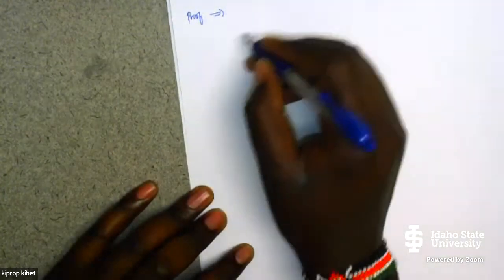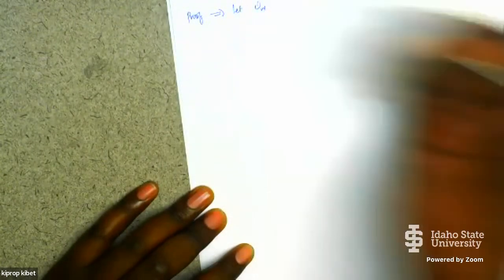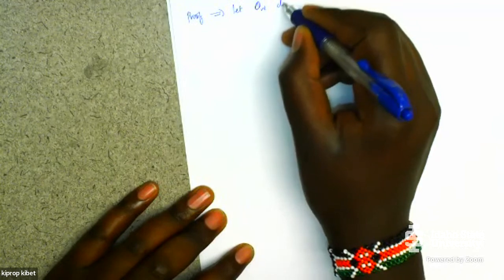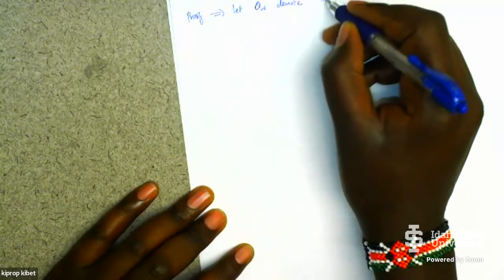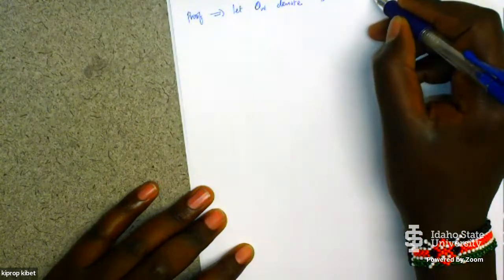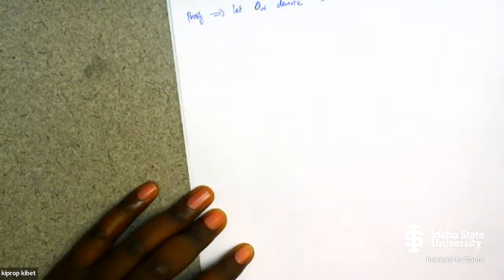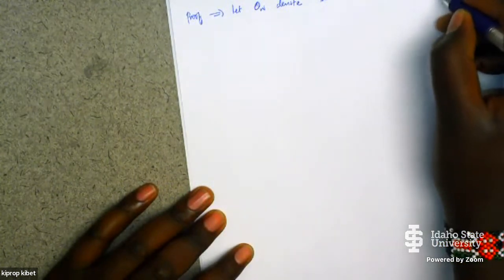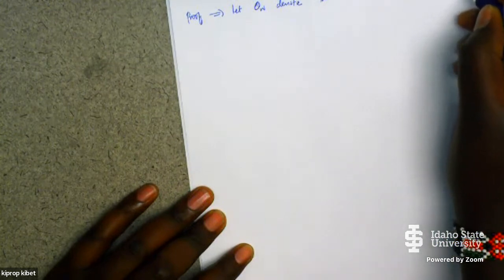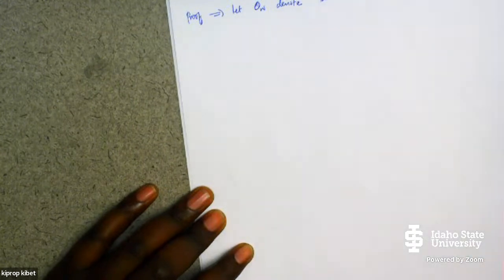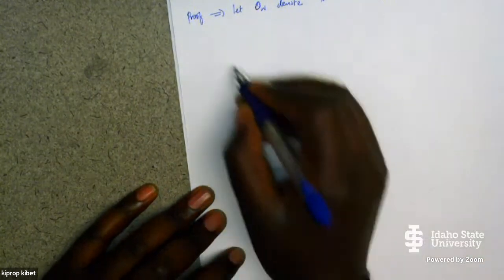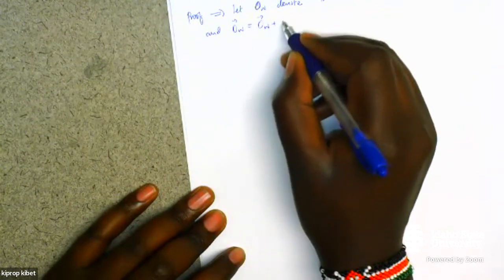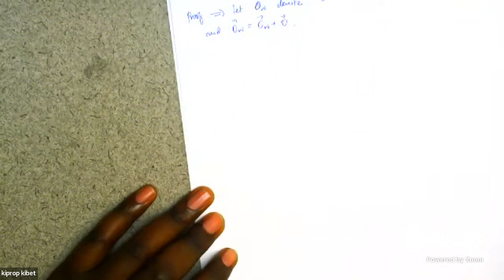So in this case, we can let 0_W be a vector in W, which denotes the zero vector of W. Then 0_W is equal to 0_W plus 0_W. And 0_W is also equal to 0_W plus the 0 vector.